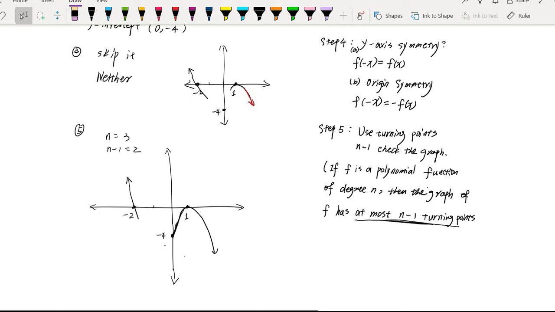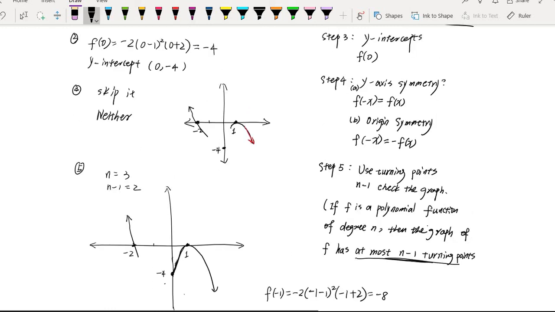You plug negative 1 into your function, and you're going to end up with negative 8. So when x is negative 1, you have negative 8 right here. You can plug in a couple extra points to figure this out.